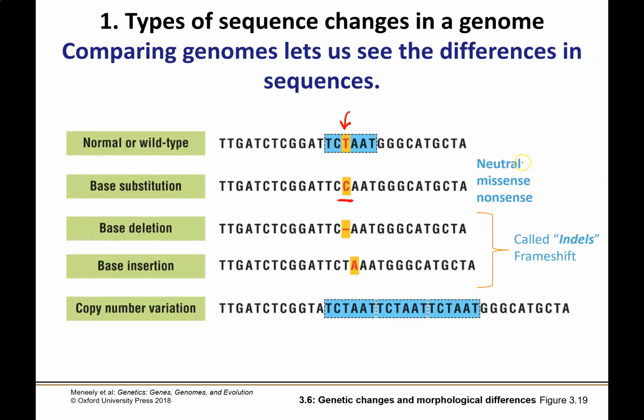One, we can have a neutral effect. This means no change occurs, and remember that has to do with degeneracy of the genetic code that I talked about just a minute ago, where you can have a change in that third base pair of the codon and it doesn't actually affect the amino acid sequence. It doesn't produce a changed amino acid.